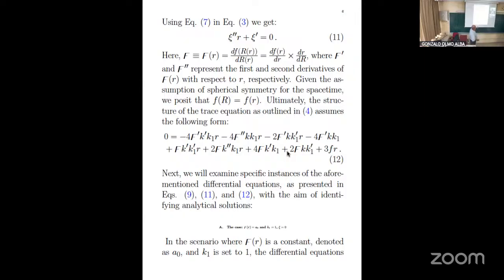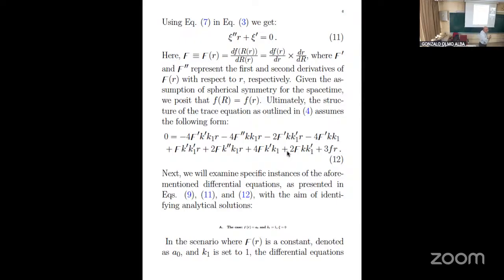So, as we said, we have our system of differential equations, and we are going to analyze this system step by step. My first step is taking f of r, which is the first derivative of f of r, to be constant, and taking k1 equal to 1, and taking the electromagnetic field equal to 0.